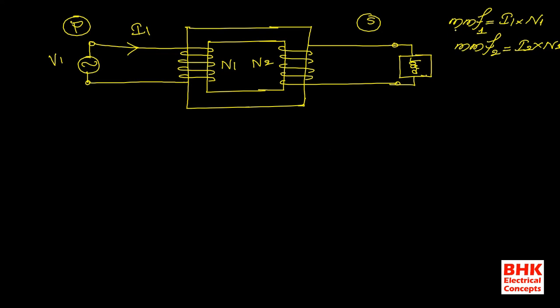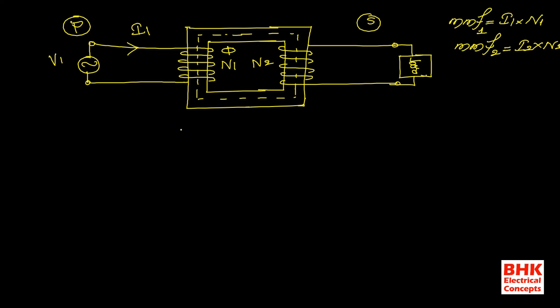Whenever we get the MMF in this particular winding, there is a production of alternating flux, and the letter for that flux is phi. Whenever this alternating flux is generated in the transformer core due to the current flowing through the primary winding, then due to the interaction between this alternating flux and the number of turns in the primary, there is a production of EMF.